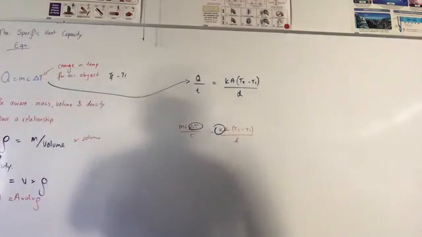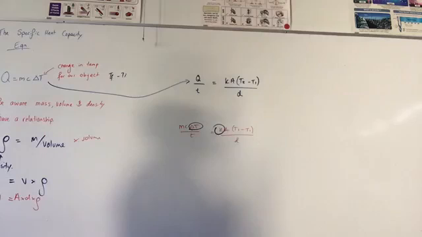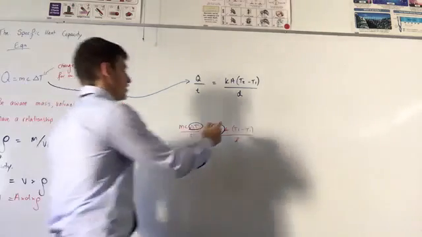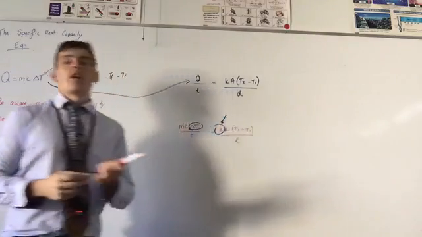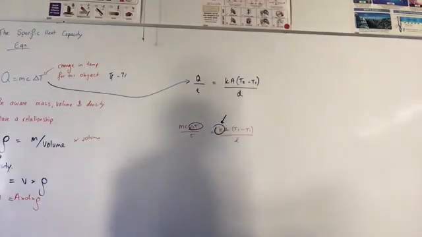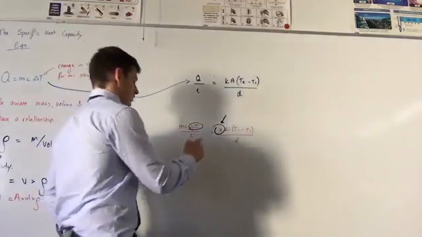What am I trying to find? So what's my independent variable? What's the one that I'm changing? I'm changing this one, aren't I? So how do I get K by itself? Sorry, how do I get delta T by itself?